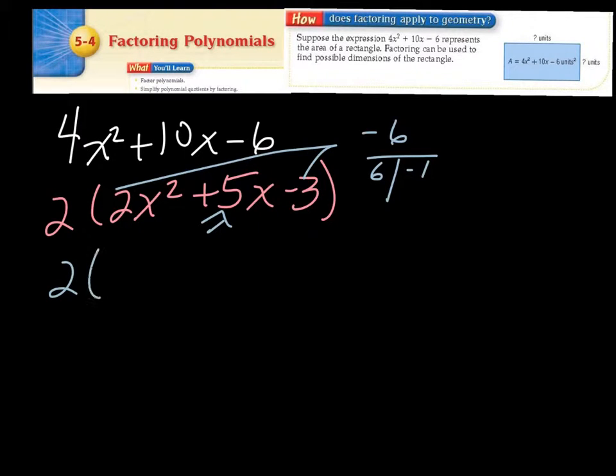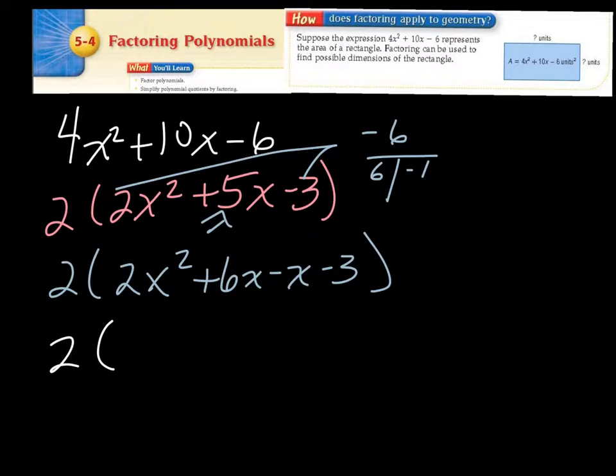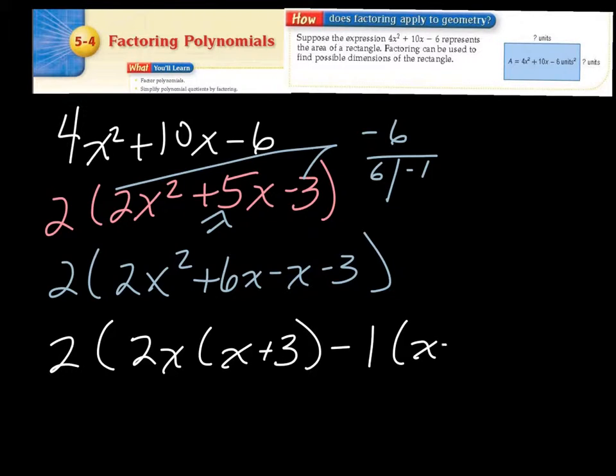So we can rewrite that as plus 6x minus 3, and that's equivalent, since 6 minus 1 is 5. And then we can factor out the greatest common factor, which would be 2x out of the first two terms, and -1 out of the second two terms, carrying the 2 along.